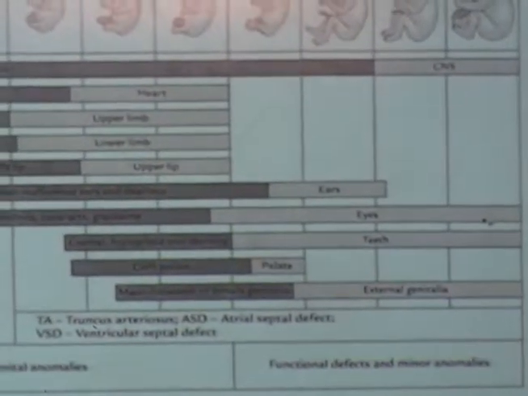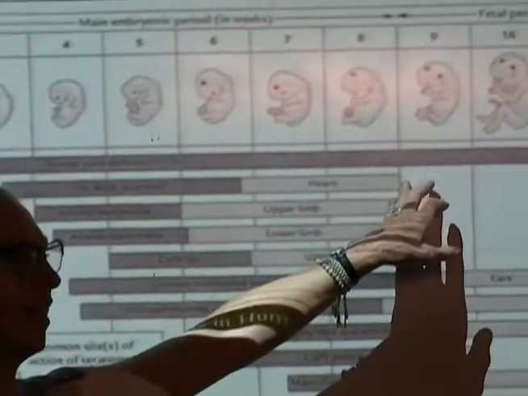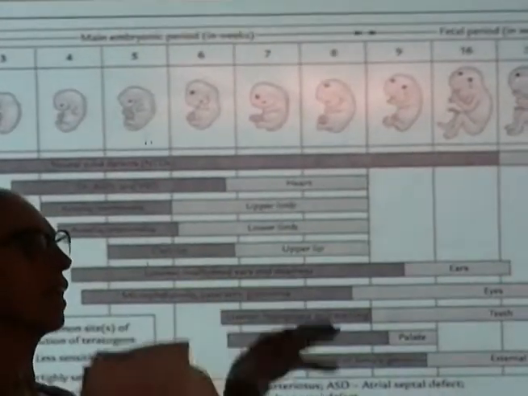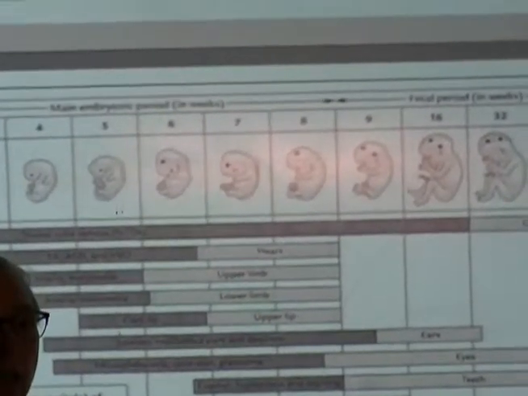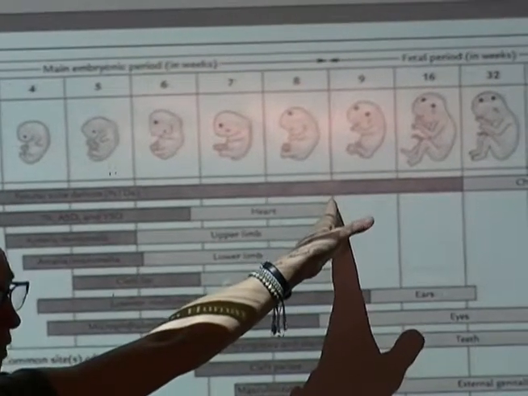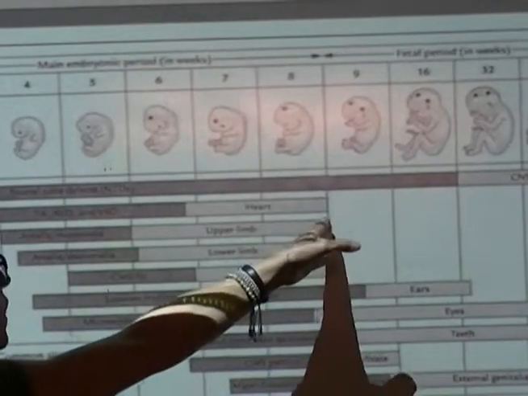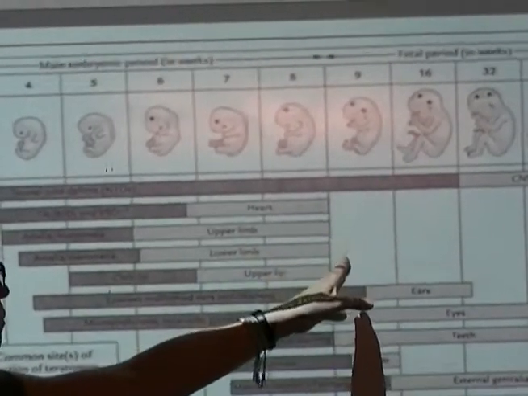So our heart is done laying down new cells. Obviously the cells that are there are going to get bigger, but it's developed by the end of week 8. Same with the upper limbs and lower limbs.